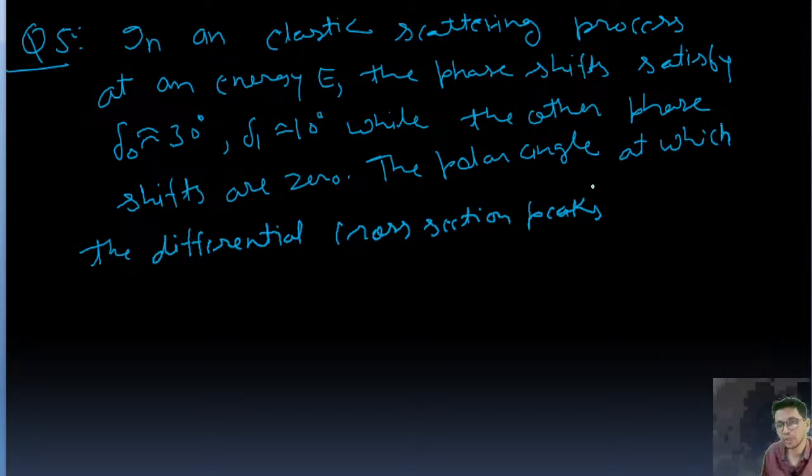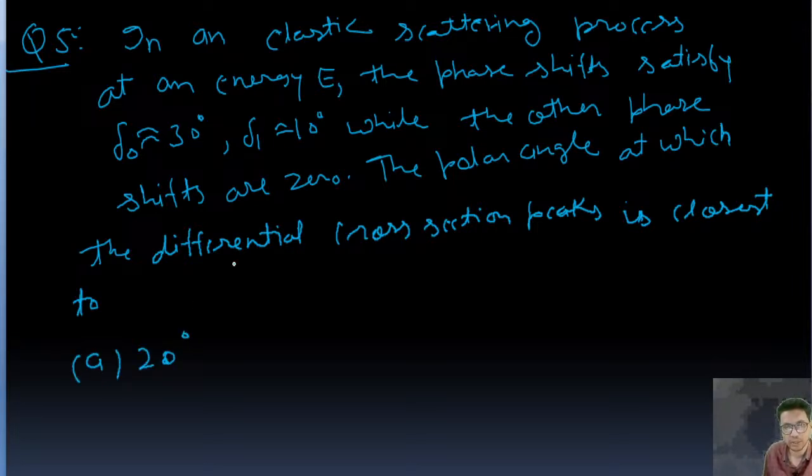We need to find out the polar angle at which the differential cross section peaks, means the value of the differential cross section is maximum, right? Is closest to: number A 20 degree, number B 10 degree, number C 0 degree, and number D 30 degree.